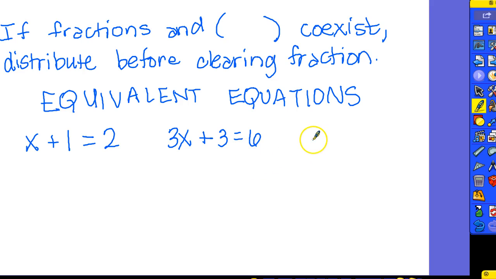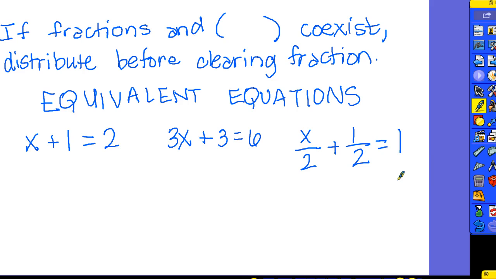Now, how would I rewrite this equation if I wanted my coefficient to be 1 over 2? Everything over 2, so 1 over 2, and 2 over 2 is 1. They're all equivalent equations because x equals 1. If I put a 1 here, that's 1/2 plus 1/2 equals 1 whole, a true statement.